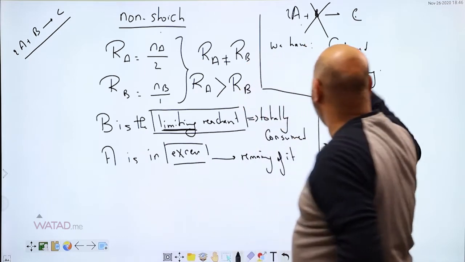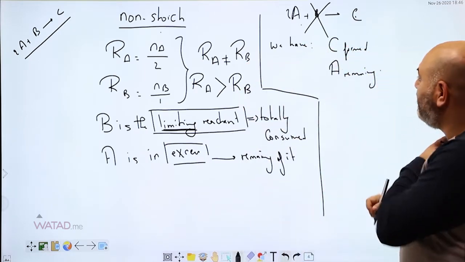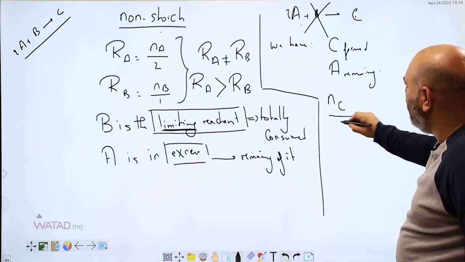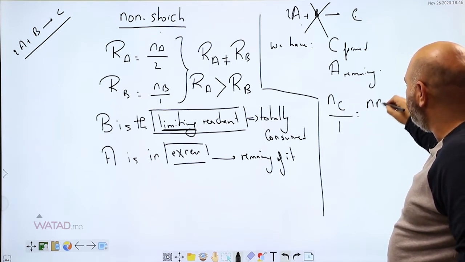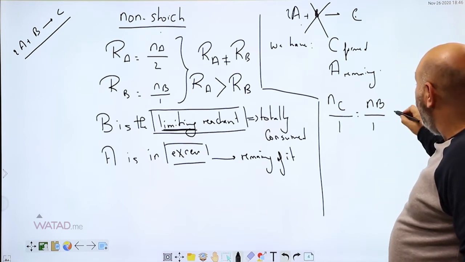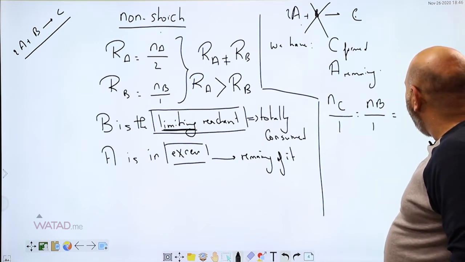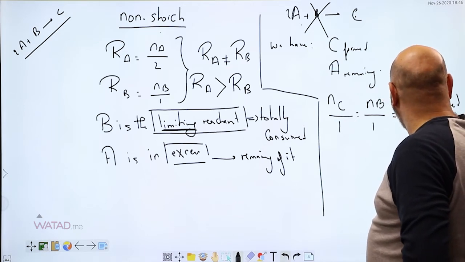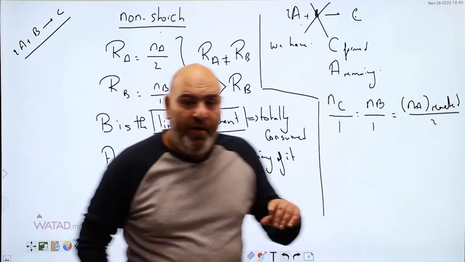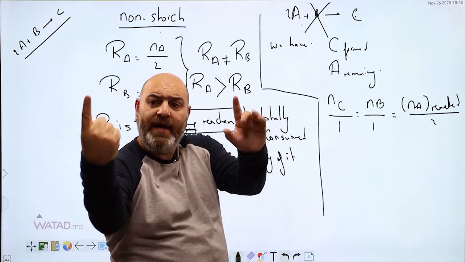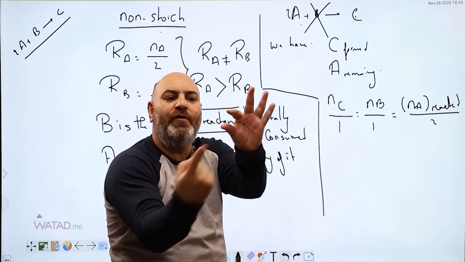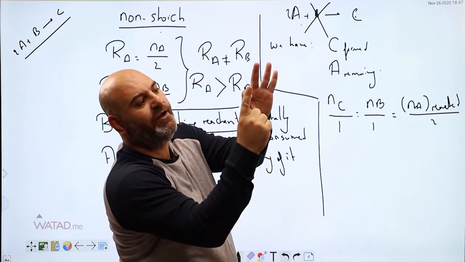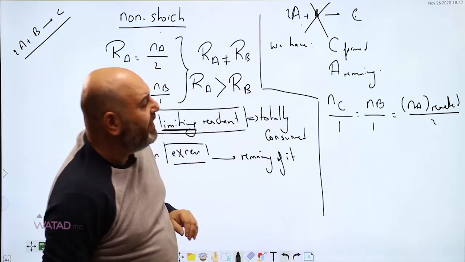And this implies how we are going to solve the problem here. We will say that n of C formed over 1 equals n of B over 1 equals n of A reacted over 2. When A and B collide, B will collide only with the part that will react, meaning the 2. This is the collision; these 3 will remain.